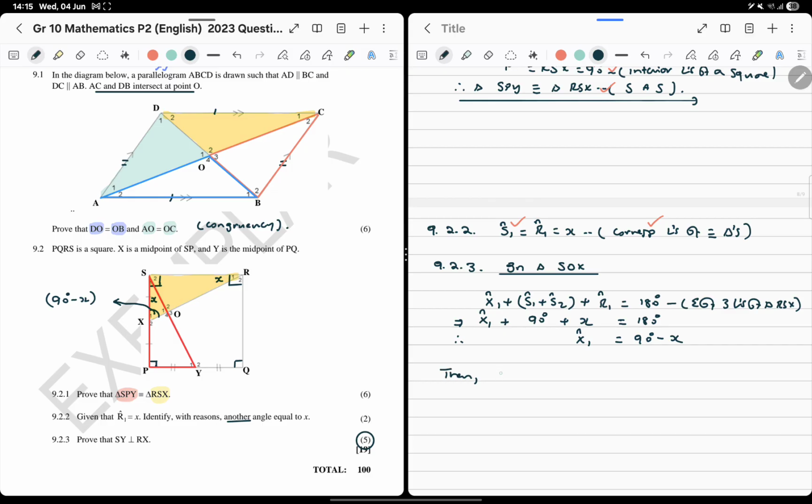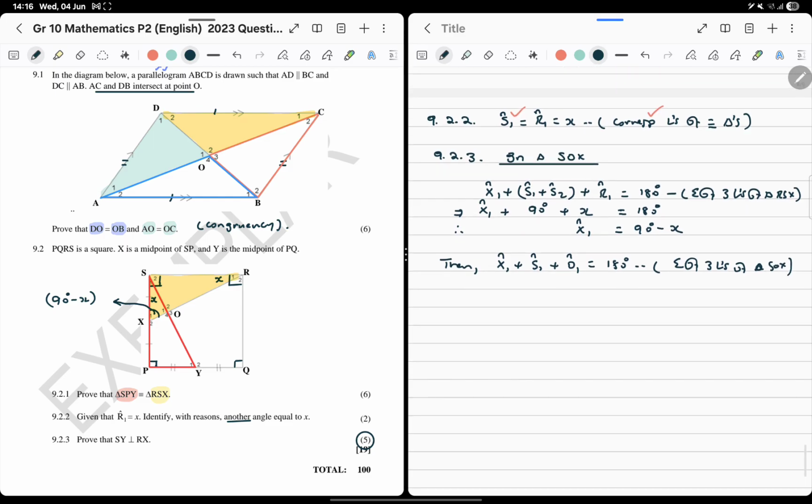we know that basically angle x1 plus angle S1 plus angle O1 should get 180 degrees, sum of 3 angles of triangle. Since we spoke about another triangle, we need to perhaps say that we're back onto the next one, on the topic.